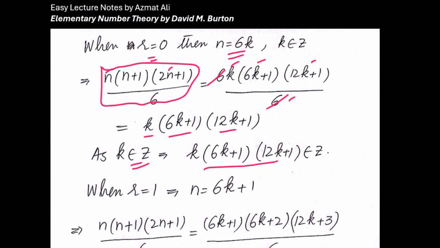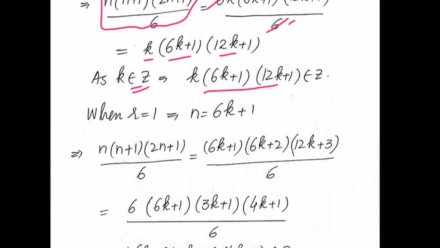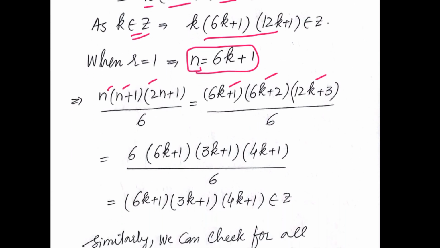Next, when your r is equal to 1, then your n has the form 6k plus 1. So when we put n is equal to 6k plus 1 here, we have 6k plus 1, 6k plus 2, 12k plus 3. By taking 3 as a common multiple from this bracket and taking 2 common from this bracket, we have 6 into 6k plus 1, 3k plus 1, 4k plus 1.